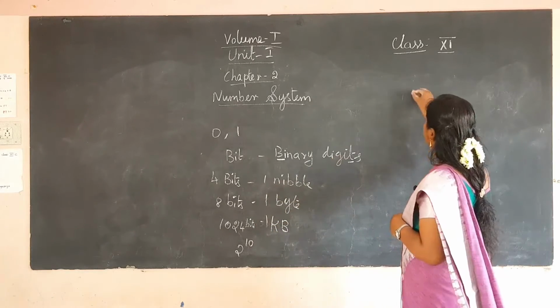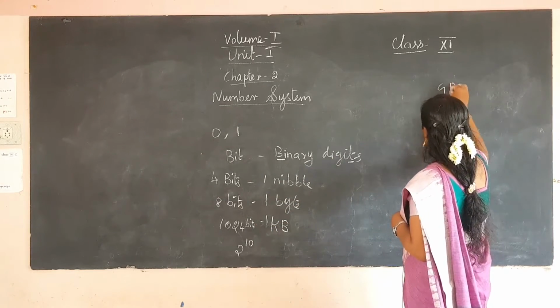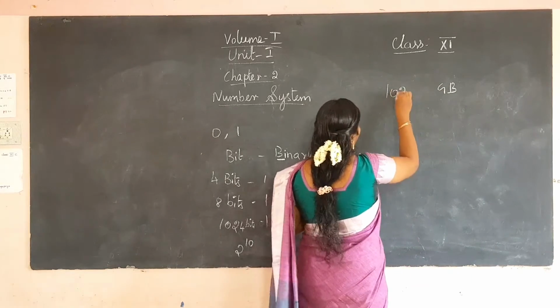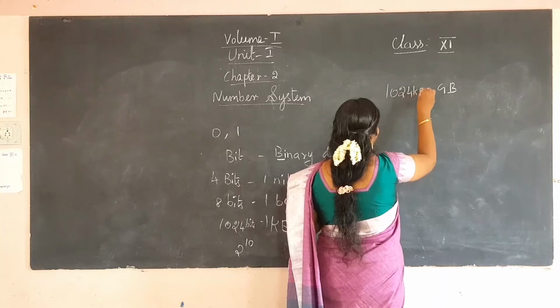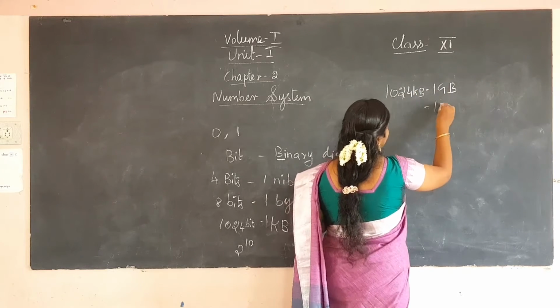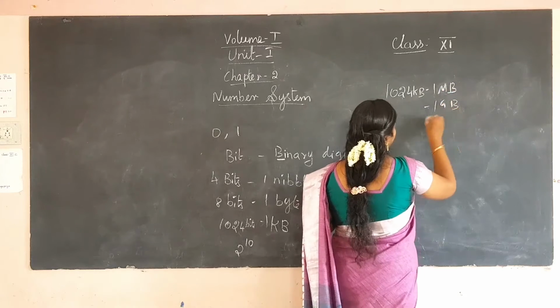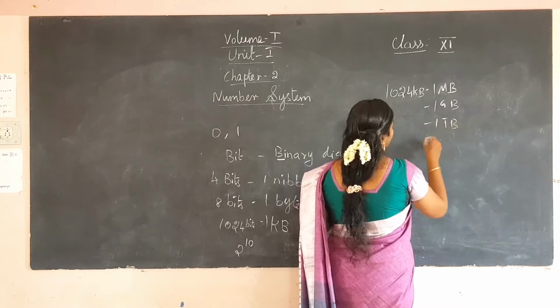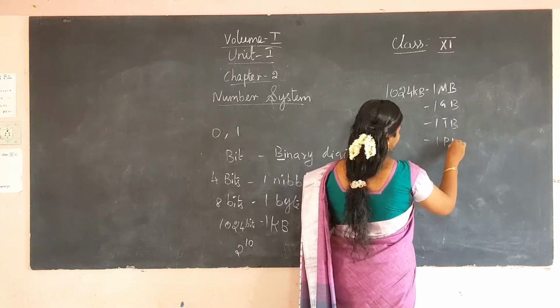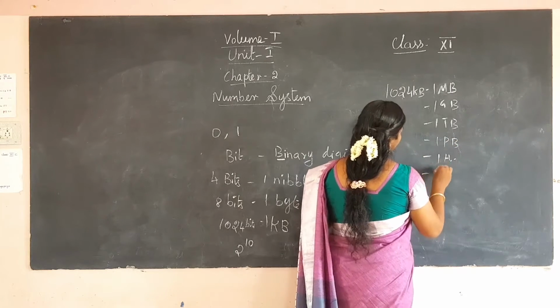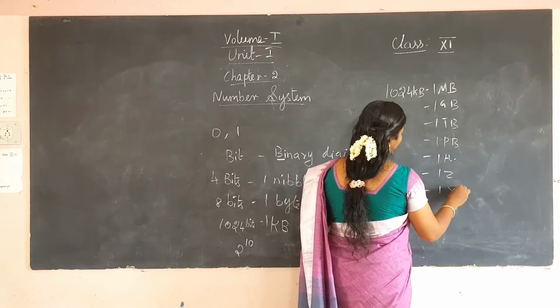Next comes gigabyte: 1024 megabytes is 1 GB, and next comes 1 terabyte, then 1 petabyte, 1 exabyte, 1 zettabyte, 1 yottabyte.